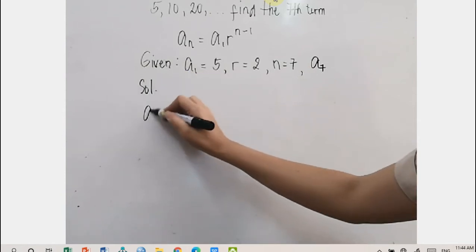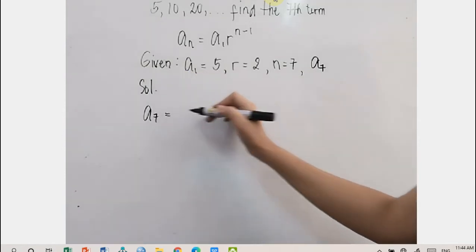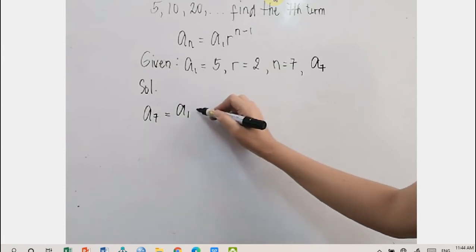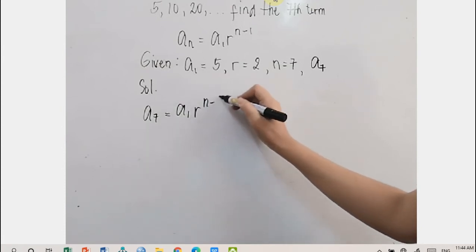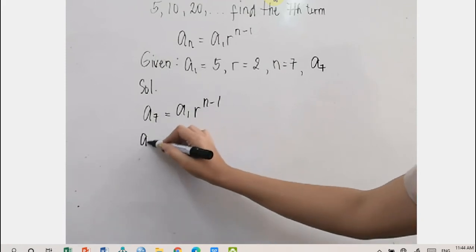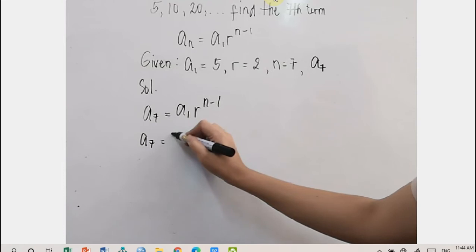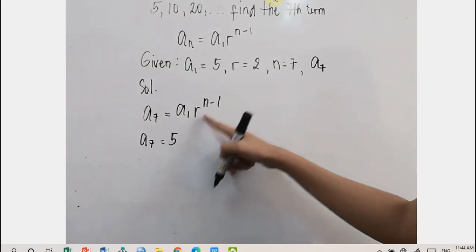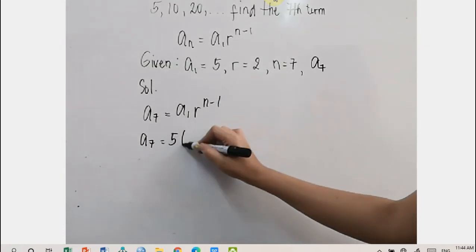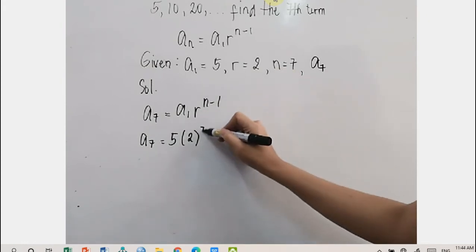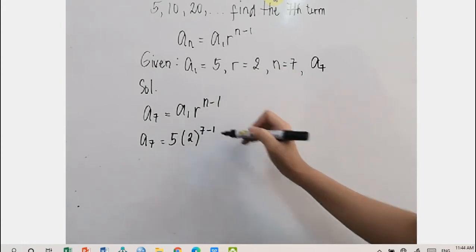Let's have a sub 7 is equal to a sub 1 times r raised to the power of n minus 1. That will give us a sub 7 is equal to a sub 1. Substitute, we have 5. R natin, okay, times 2. Then yung n natin, that will be 7 minus 1.